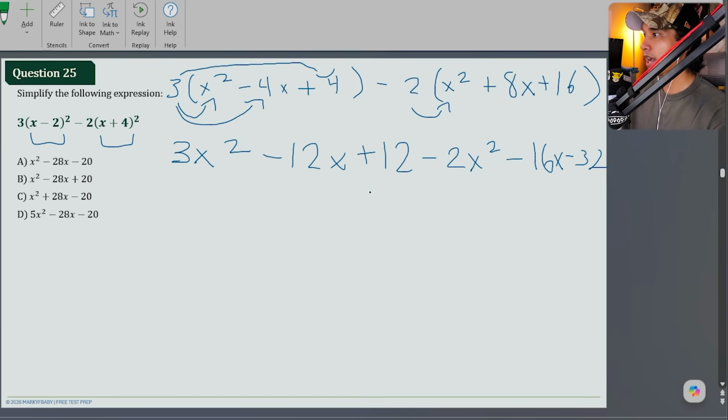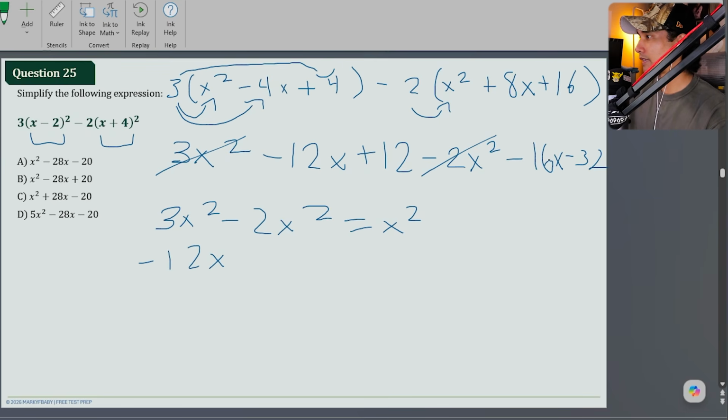Now, all I'm doing now is combining like terms. So I'm just going to write these down. So 3x squared minus 2x squared, what does that equal? That equals x squared. I'm going to cross these out. Minus 12x, and then I have a minus 16x.